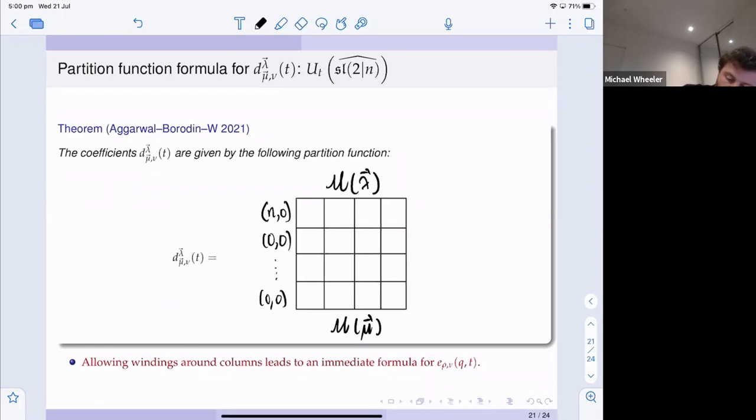And over here, I put m0, m1, m2, where these m sub i's are the part multiplicities for the partition nu.